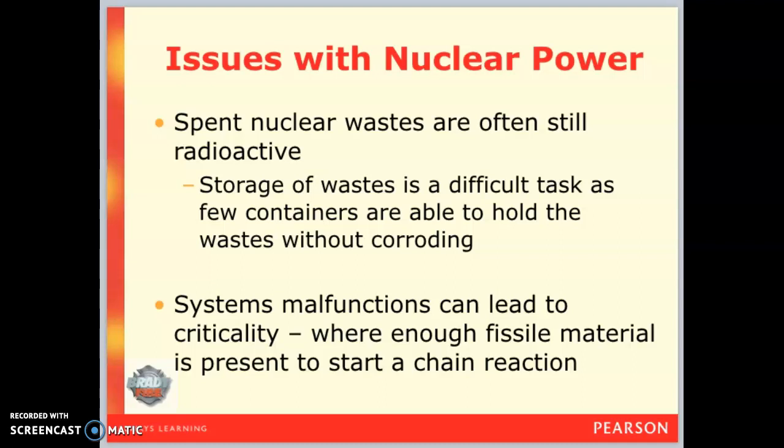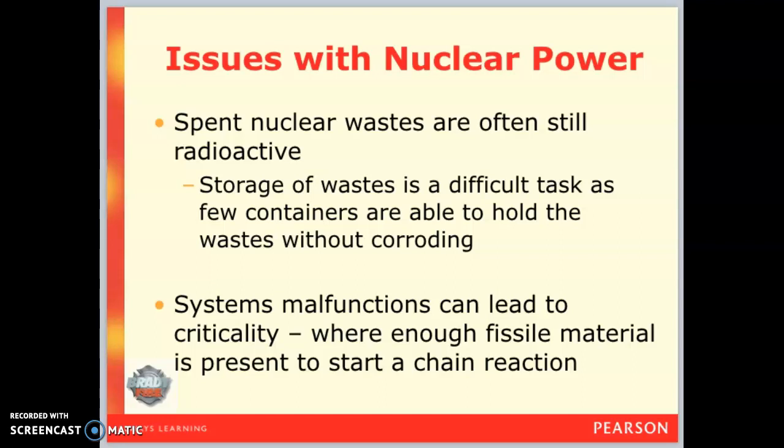And the other main issue is that systems malfunctions can lead to criticality. So when a normal nuclear power plant is running and running efficiently, the amount of fuel that is being used is well below a critical mass. And that's an important part of the reaction. When we have a critical mass, as I mentioned before, we have this capability of having more or less an atomic bomb.